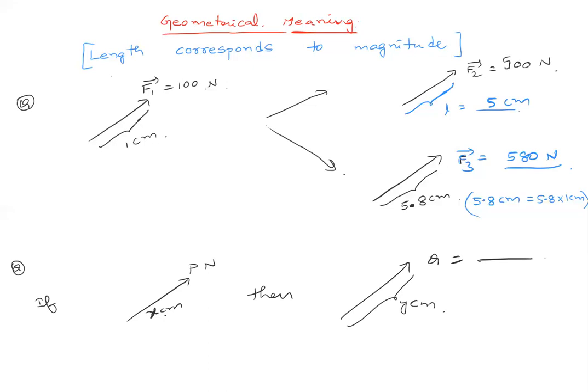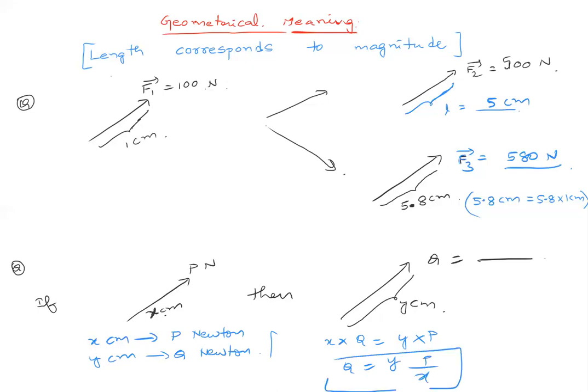Okay, in sixth class you must have studied basic logic. If x centimeter is p Newton, then y centimeter must represent q Newton. So from direct proportionality, x into q is equal to y into p. So your q is y into p by x.